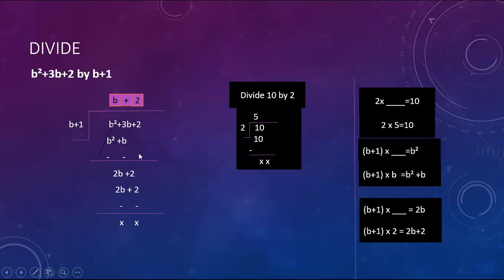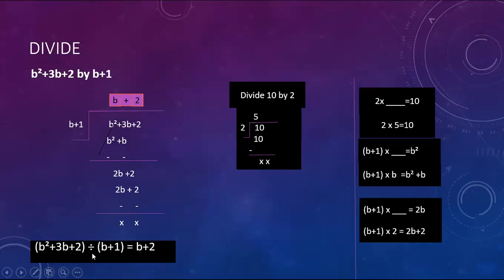So we get the answer b plus 2. When we divide b square plus 3b plus 2 by b plus 1, we get the answer b plus 2. Clear everybody? We have to write this dividend and divisor within the small braces.